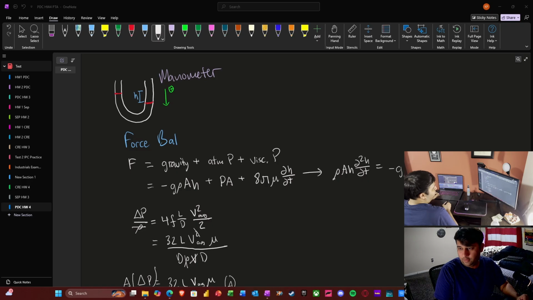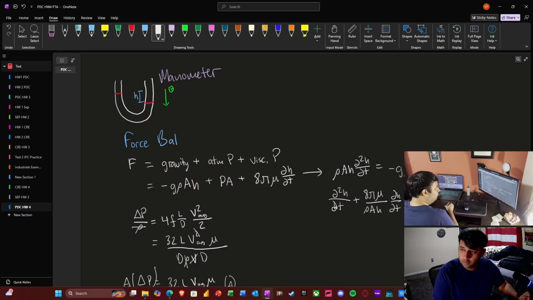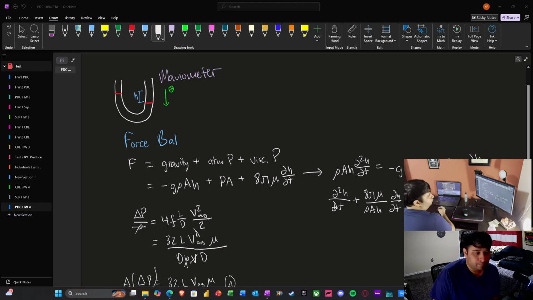So now what we'll do is divide by our rho A, and what we end up with is d squared h over dt squared plus 8 pi mu over rho A times dH over dt plus g over L times h, which equals 1 over rho L times P. Sorry, a little mistake right here.